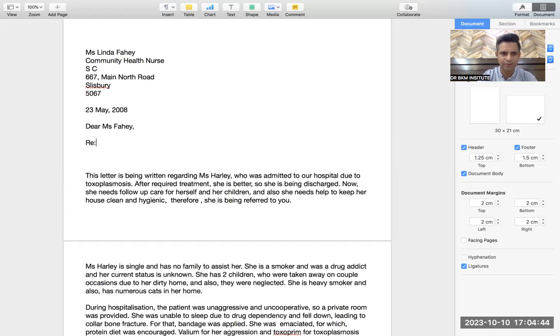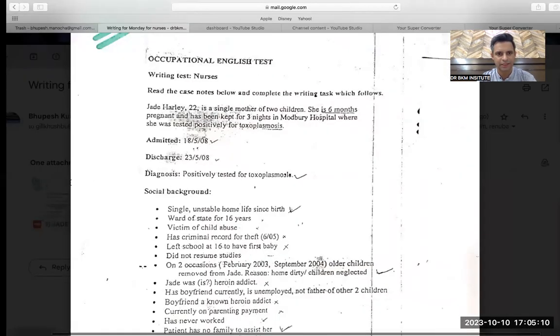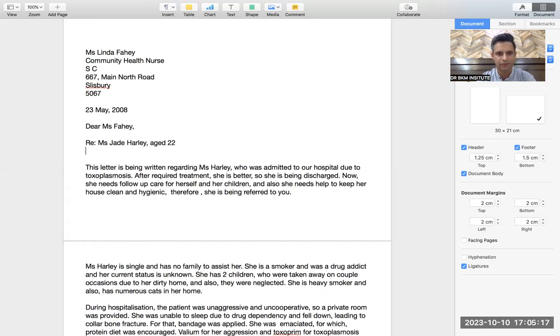And regarding this patient, the name is Ms Z Harley. H capital. Age is very important, so please write the age as well. H should be capital. Harley, comma, aged, let's see her age, 22. And A should be smaller. By chance it went into capital somehow by itself. Aged 22. So that's my letter.